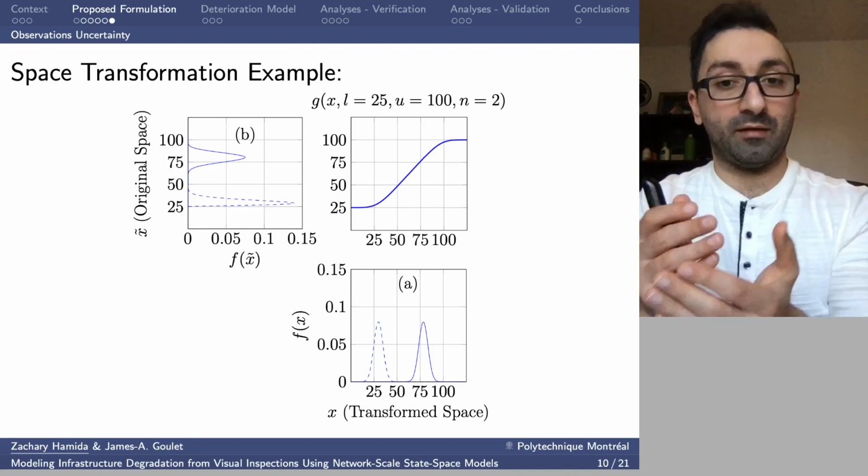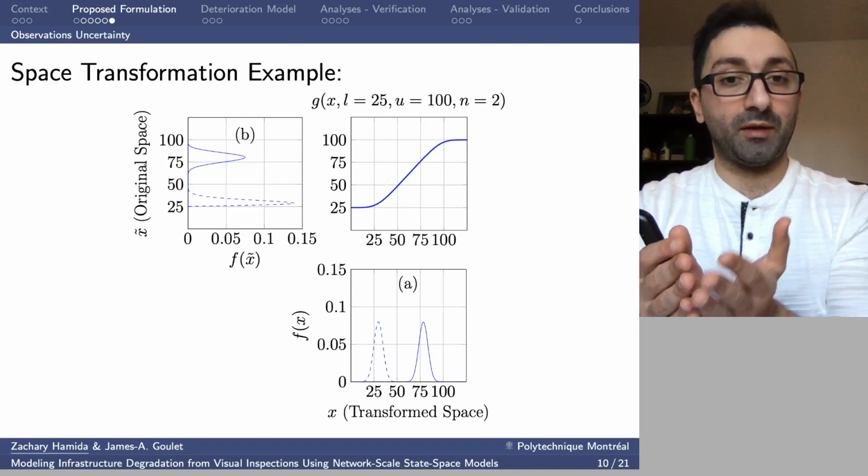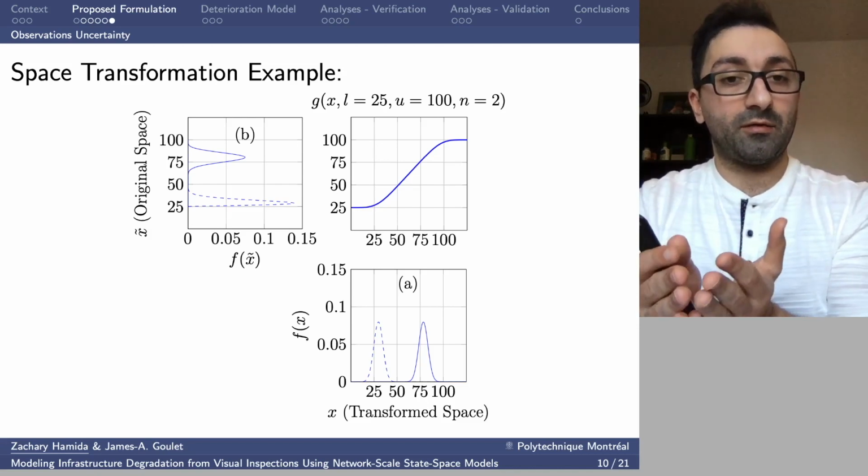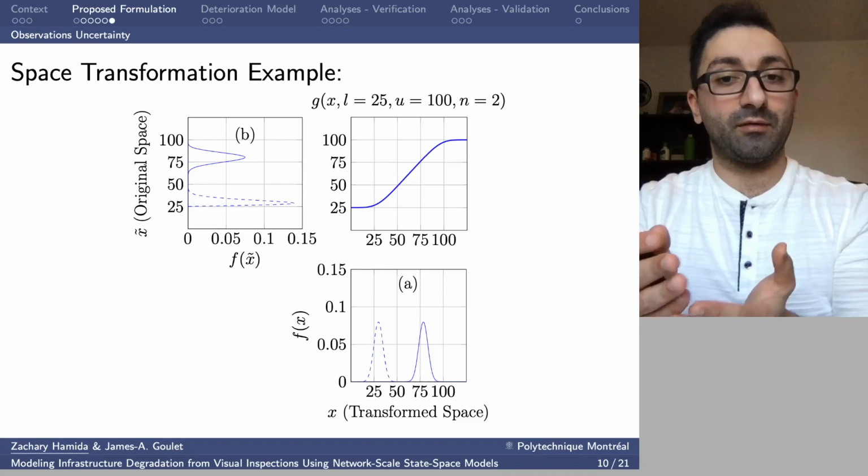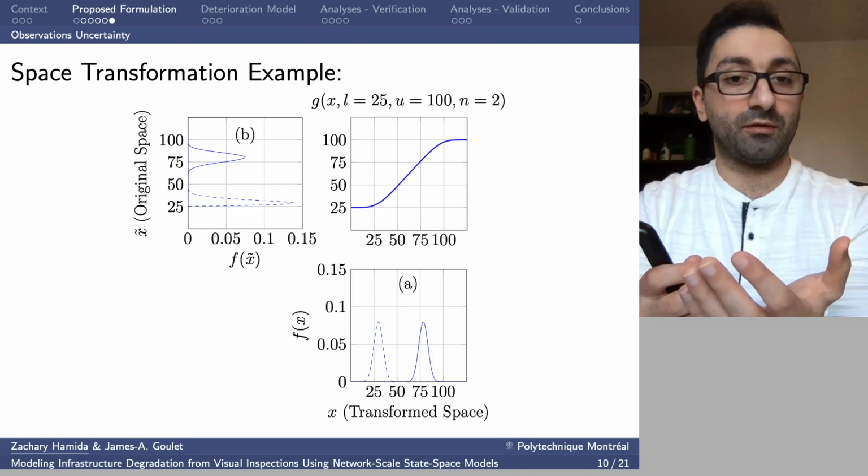So the PDF is different, and this is what we really expect from the transformation function.